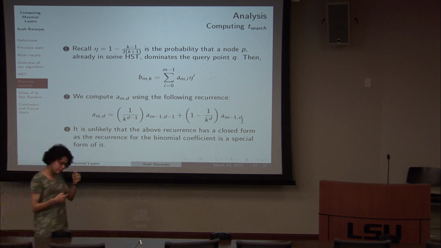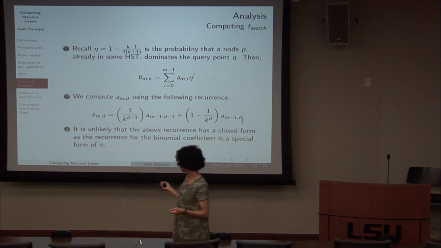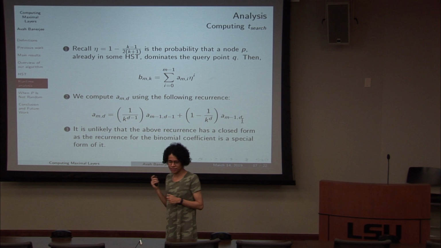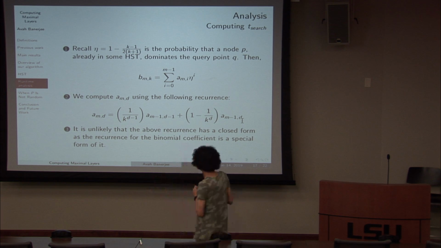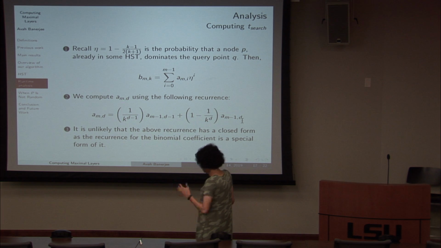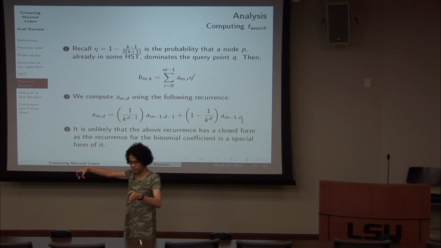You would have been curious why we chose the max ordering. It's because of this. We get this probability based on the fact that the points were chosen from the max ordering. And we can come up with a recursive formula for AMD, which is the number of nodes at depth D of these HSTs.